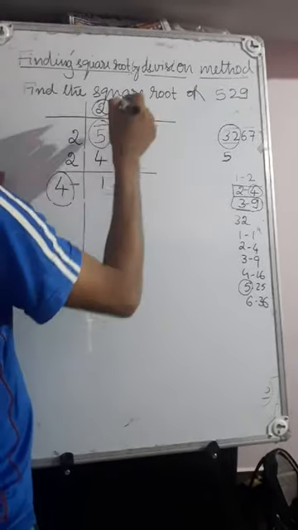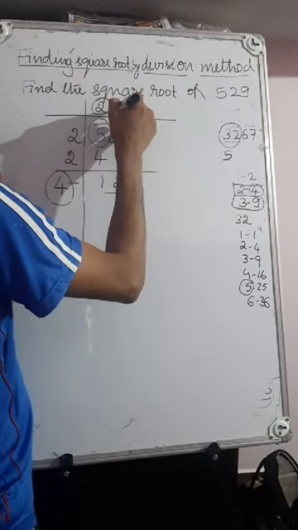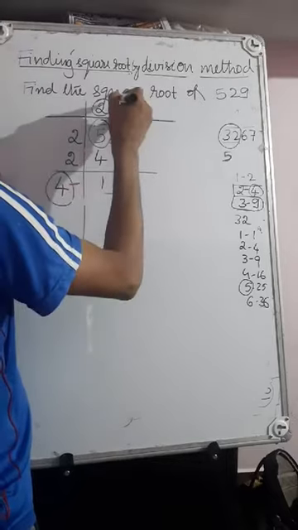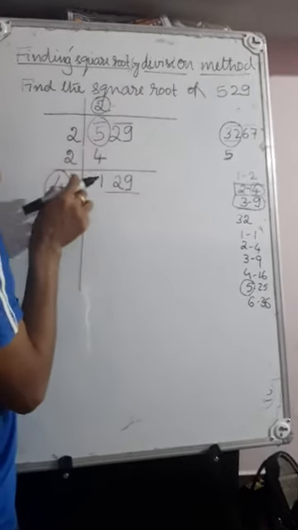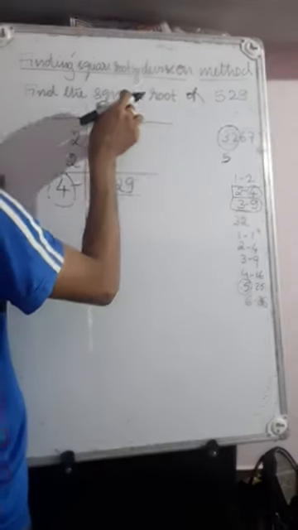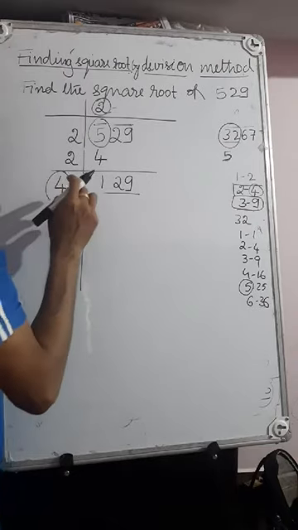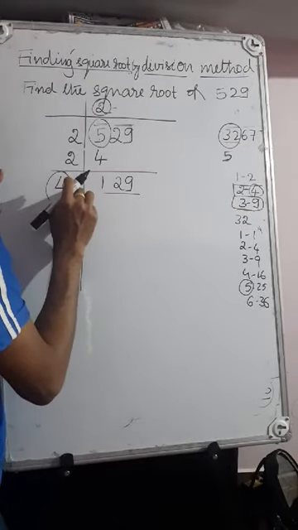If I write 2 here, then here also I should write 2. So when I fill here by 2, here also I am filling by 2, then 42 is the new divisor, 22 is the new quotient. Right.